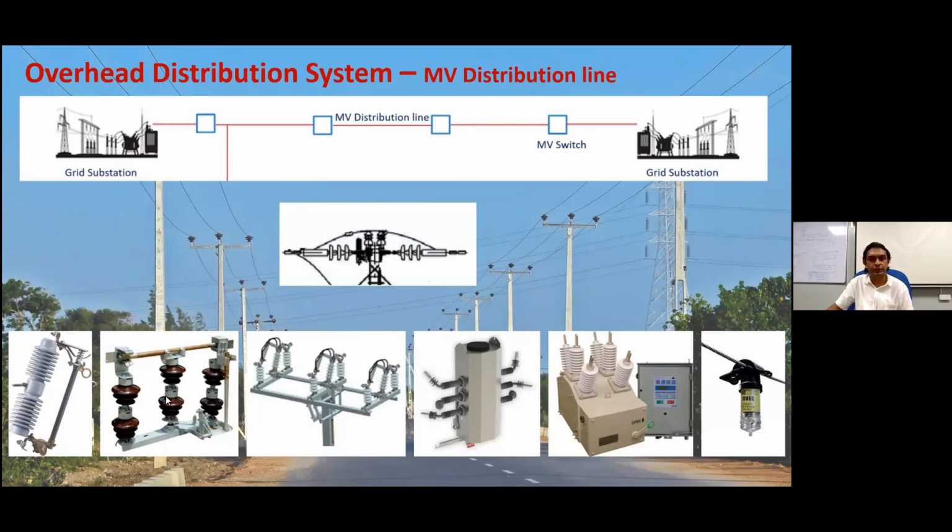it's called an isolator. The name implies it is used for the isolation of the system. But this is an off-load operation device. That means we can't open or close it when the line is energized. Here, it's not like a jumper wire. We can operate it, that means open or close it, using an operating rod, manually, that is mechanically, or we can operate it electrically by connecting a motor-driven unit to this unit.